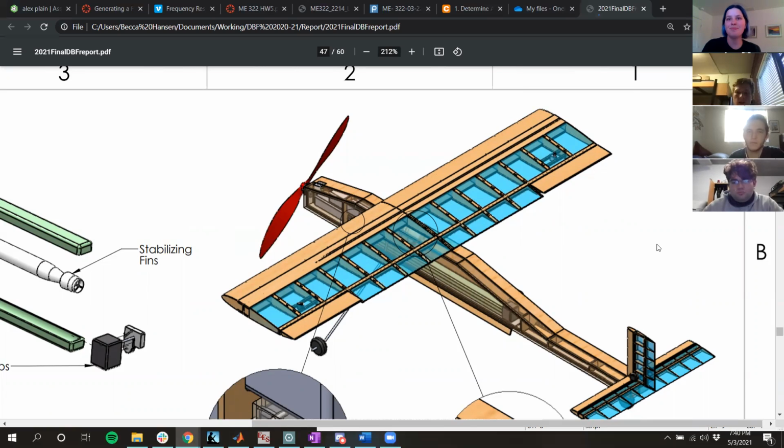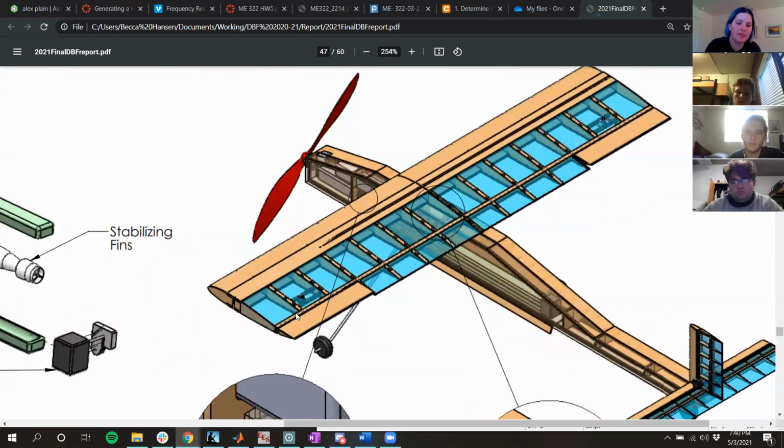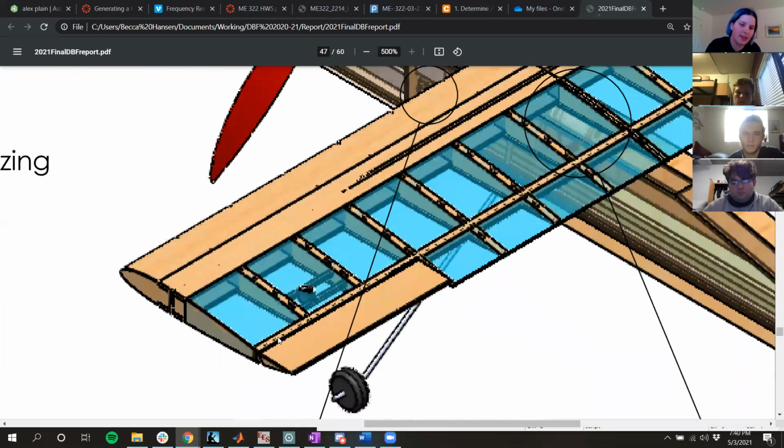Also, another question. For control surfaces, how are we doing the joints between them? Yeah, a lot of times I think we'll use little CA hinges. What's a CA hinge? It's like a little fibrous piece of paper cloth, in little squares.